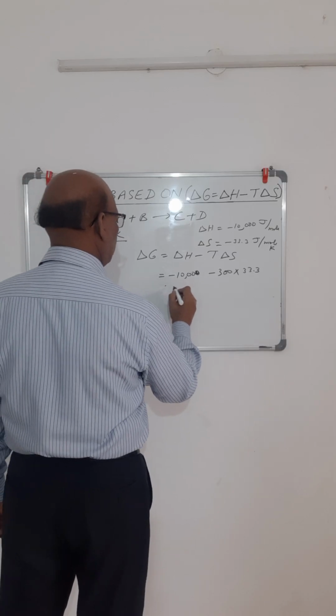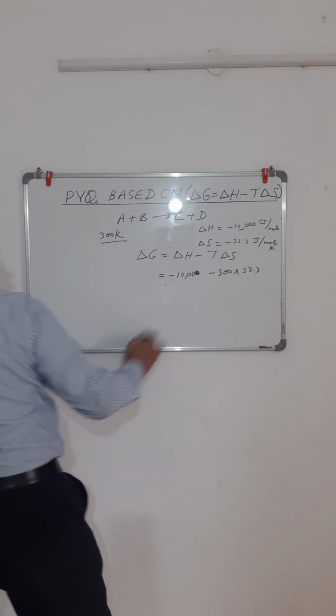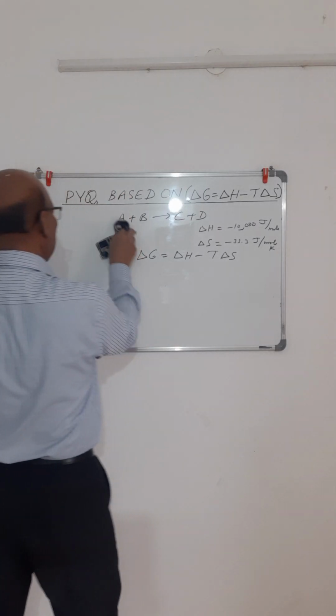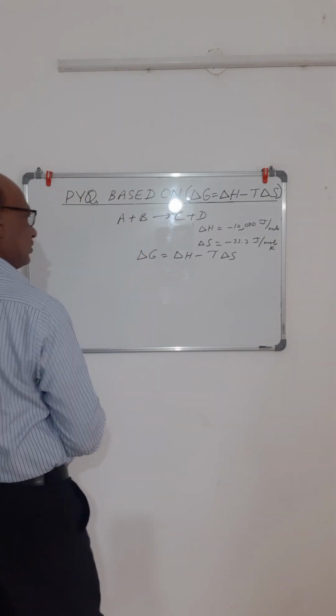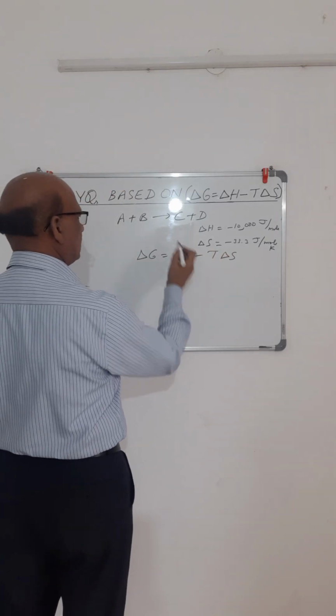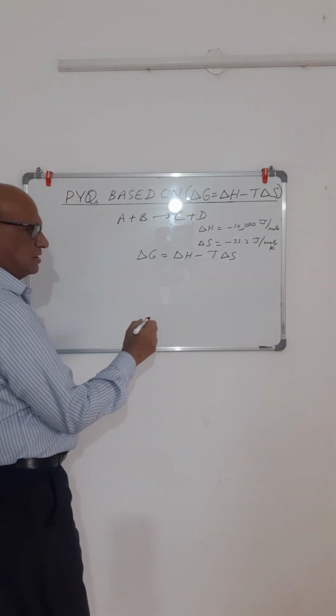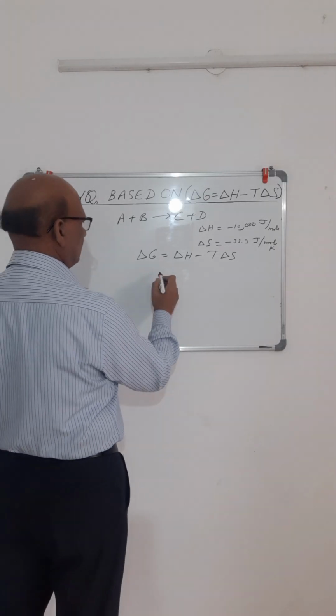Actually we have to find out the temperature. So temperature is not given to us. Sorry. So we have to find out the temperatures above which or below which the forward reaction will be favored, and what temperatures the reverse reaction will be favored.